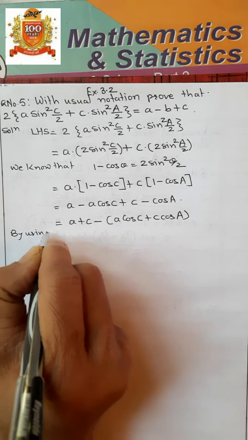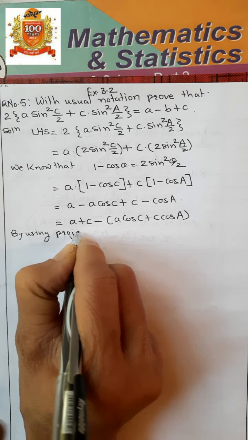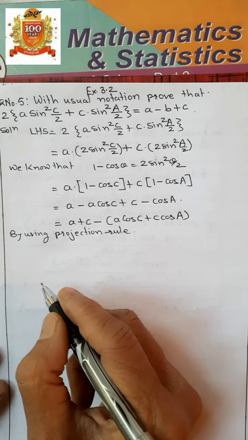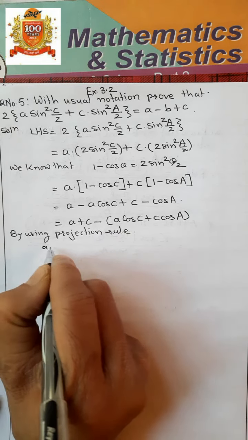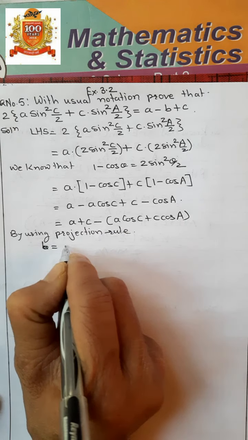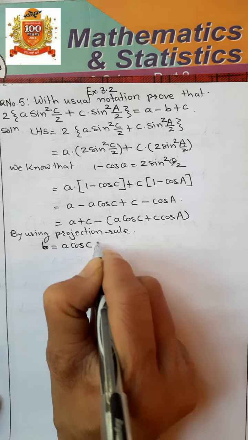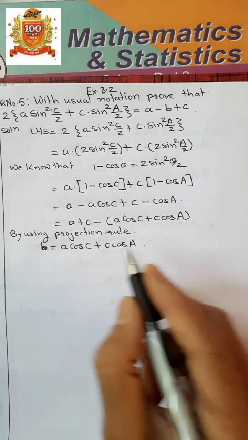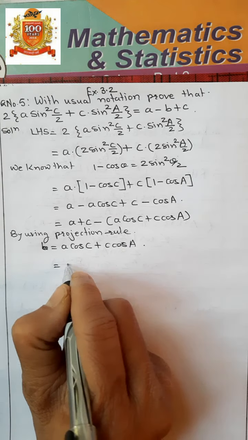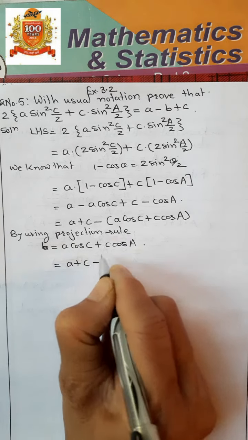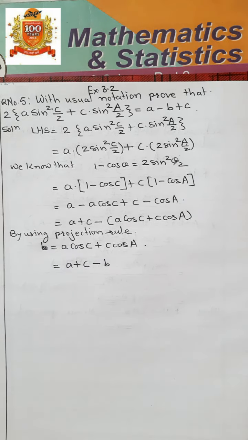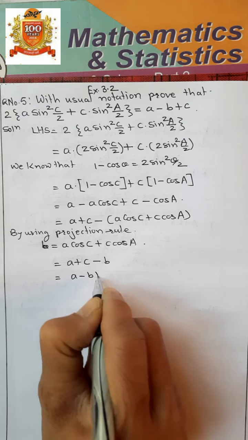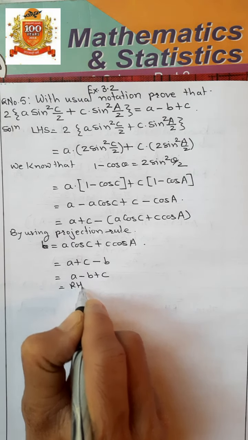By using projection rule, b is equal to a cos C plus c cos A. Therefore, a plus c minus b, that is equal to a minus b plus c, is equal to RHS.